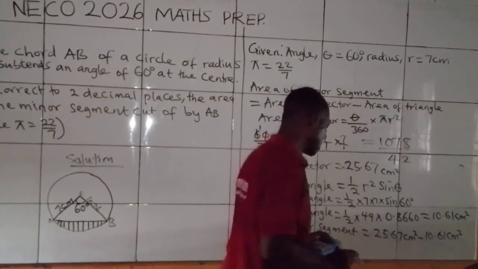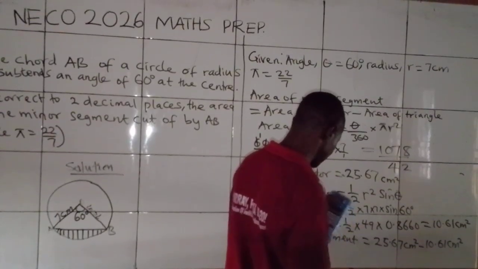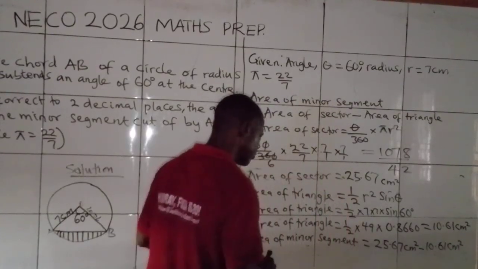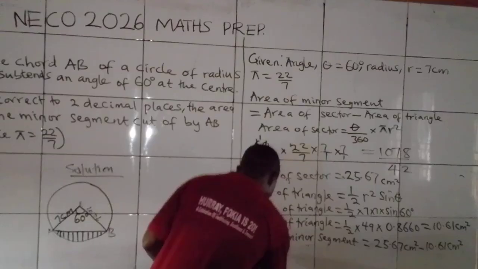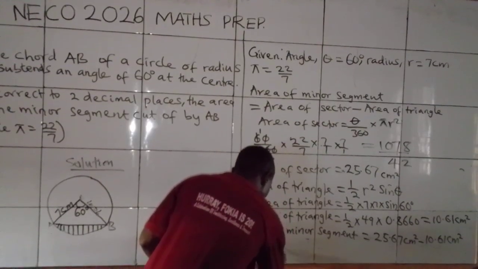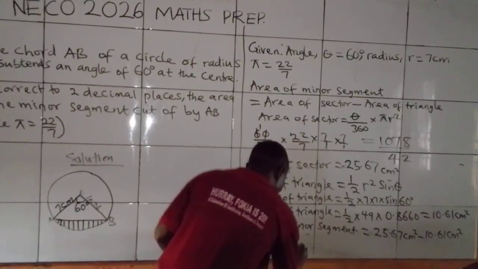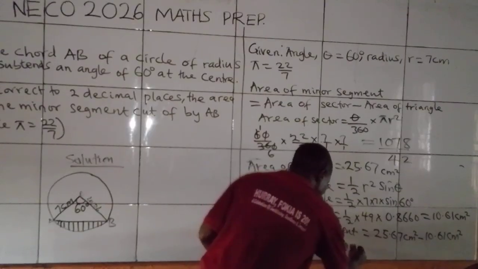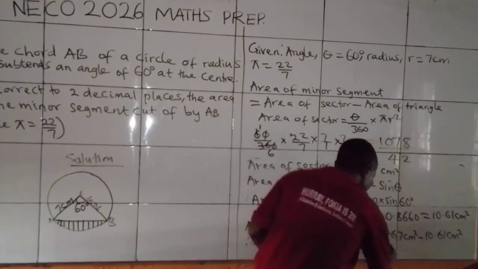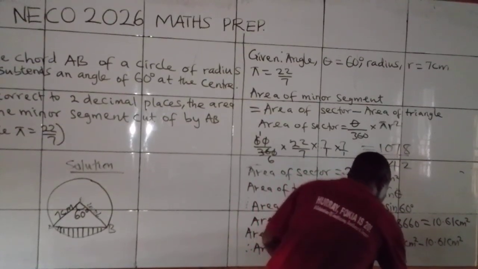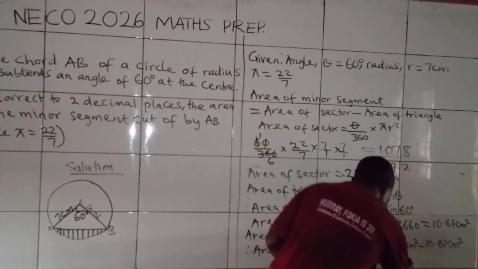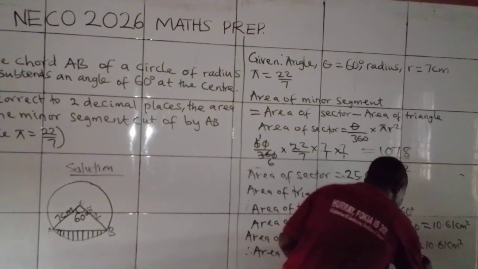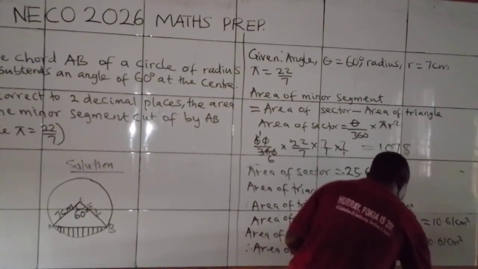So we now have 15.06, which is equal to the area. Therefore, area of minor segment is equal to 15.06 centimeter square.